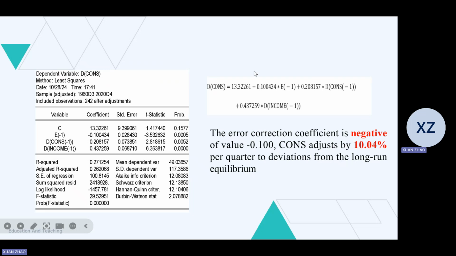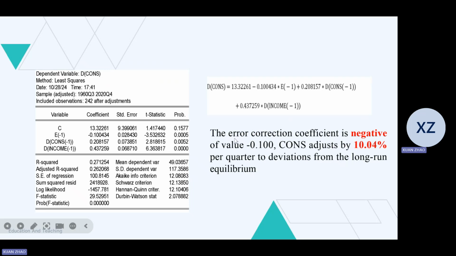We can see the results: here is the constant, here is the error term, and here are the coefficients for the difference of consumption and the difference of income.